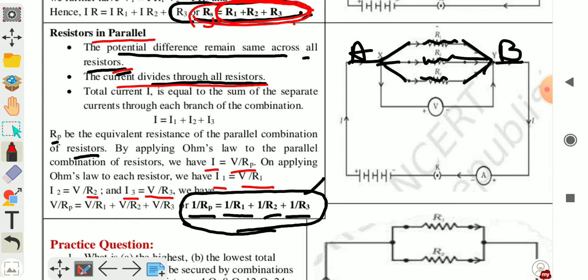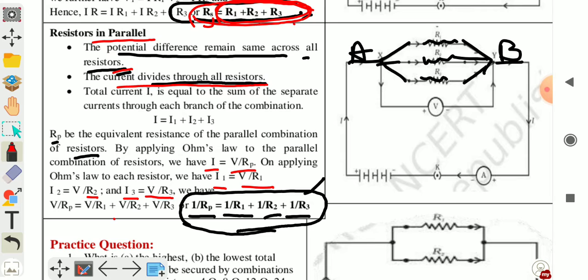So we have V upon RP is equal to V upon R1 plus V upon R2 plus V upon R3, or we can say 1 upon RP is equal to 1 upon R1 plus 1 upon R2 plus 1 upon R3.